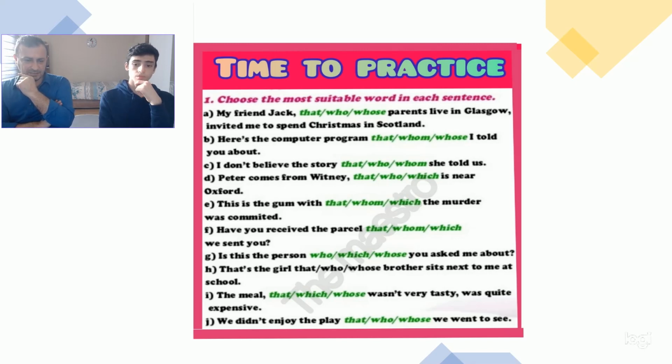This is the gun with whom we cannot say because the gun is not a person. So which is not used, it is not a non-defining relative clause because there is no comma and there is no extra information. So we should use that. And this is the gun with that the murder was committed.